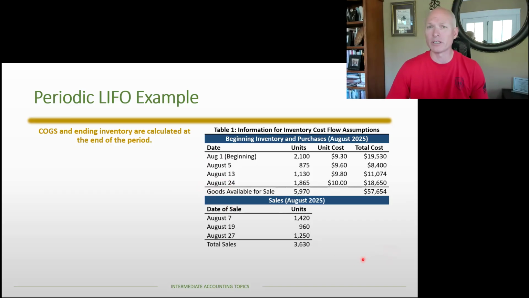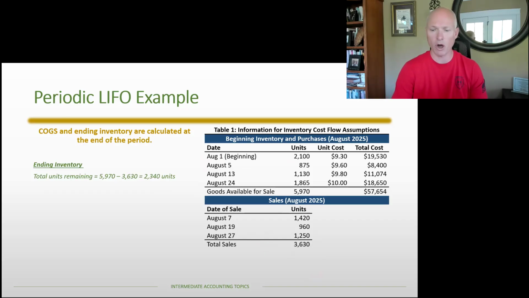We talked about this a little in the FIFO lecture, but I want to highlight it again: theoretically, the way we should solve this is to figure out what's in our ending inventory first. We start with August 1st, and then we derive cost of goods sold. In our ending inventory, we know there are 2,340 units.